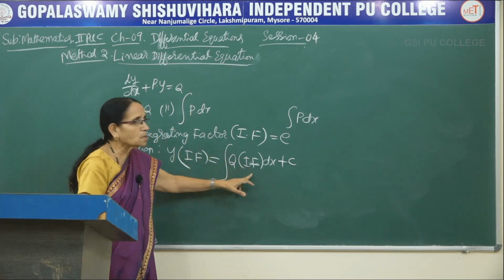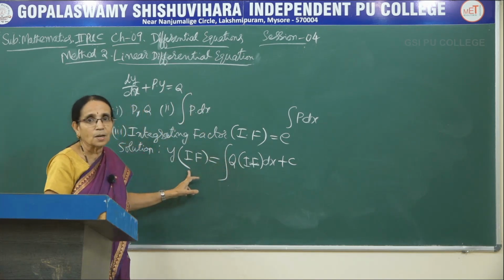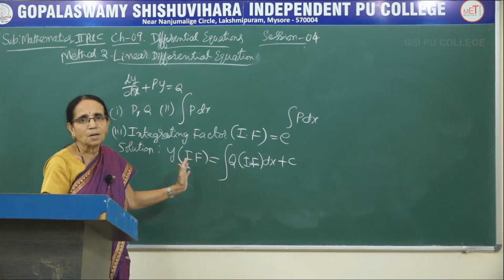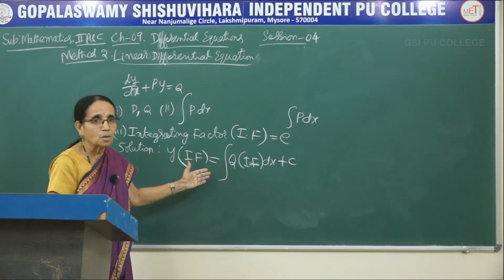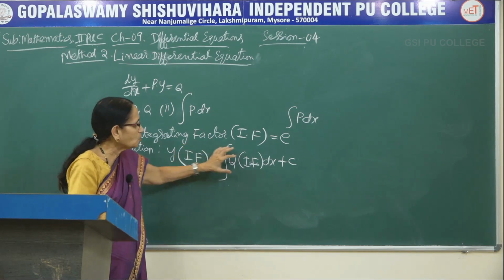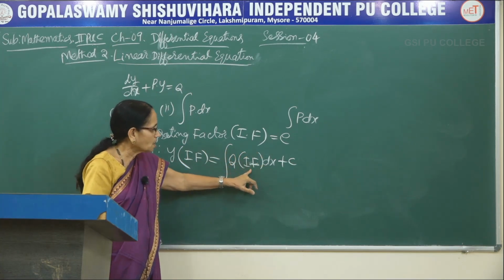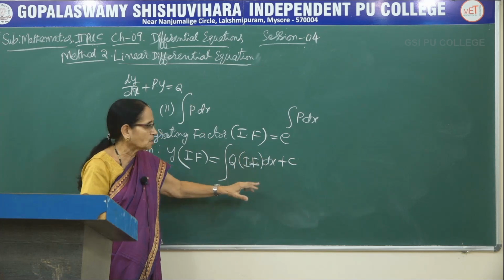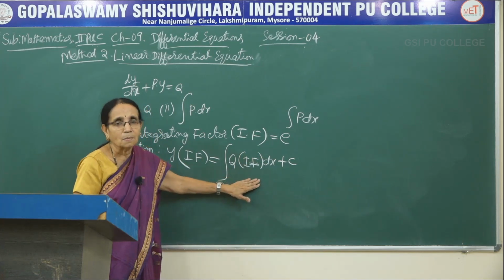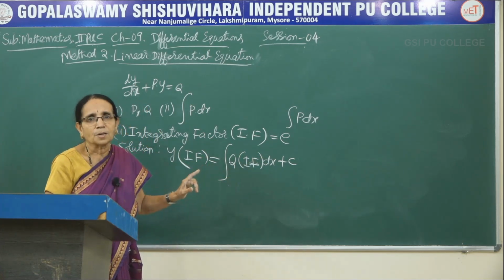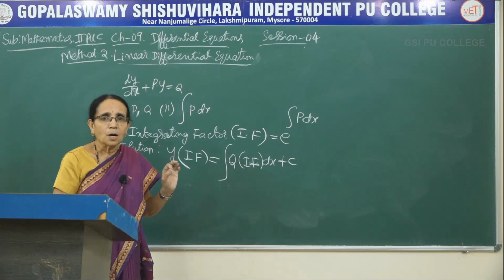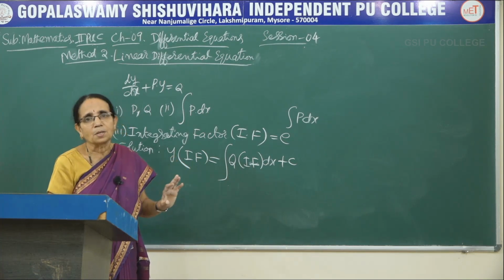into, again you write the integrating factor. Don't cancel this integrating factor, because on either side of the equality sign you cannot do that, it is an independent term, whereas here it has to be integrated. So q into integrating factor into dx, this has to be integrated. Looking at the function, we have to decide what method of integration.